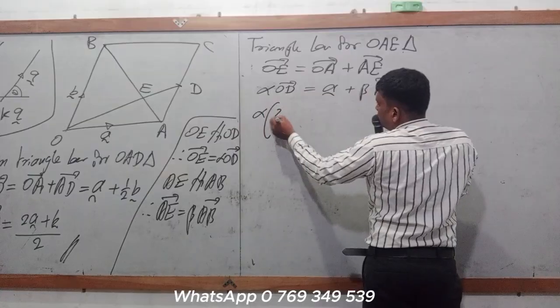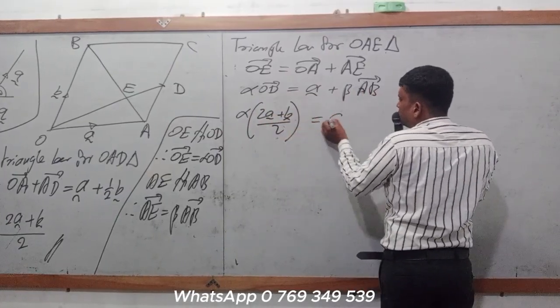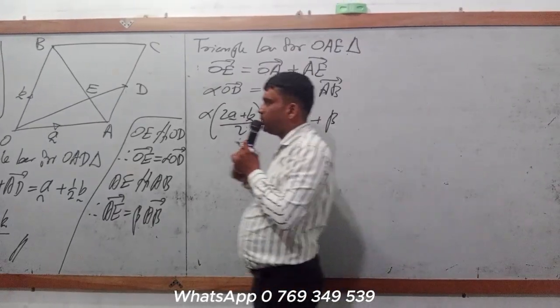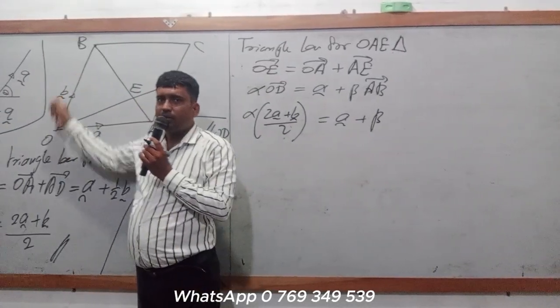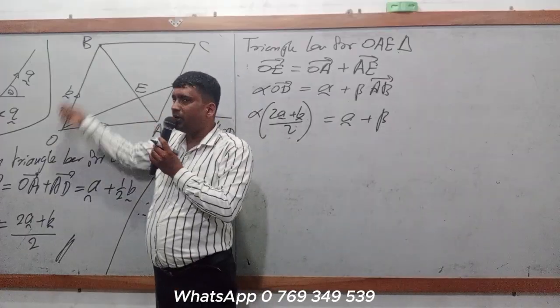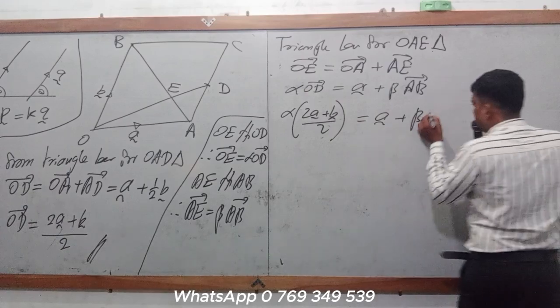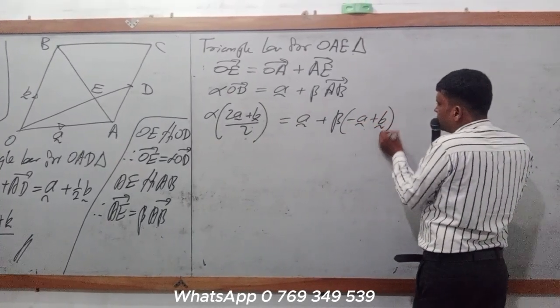OD is given as (2A plus B) divided by 2. AB, from the triangle law, is minus A plus B.